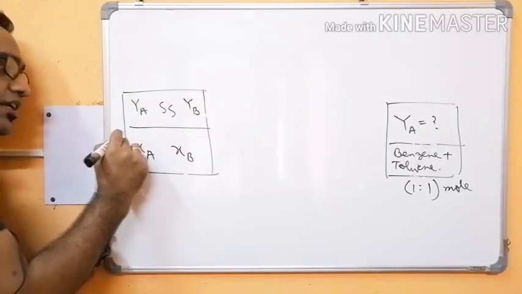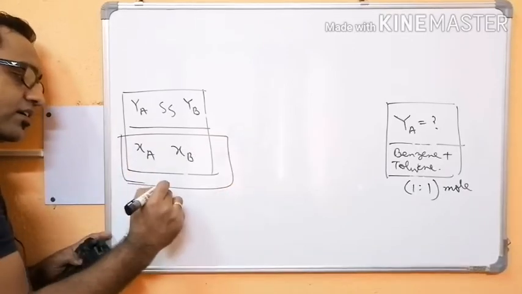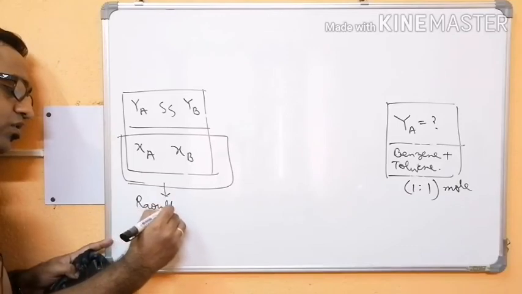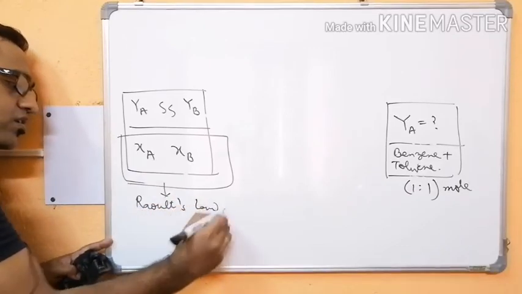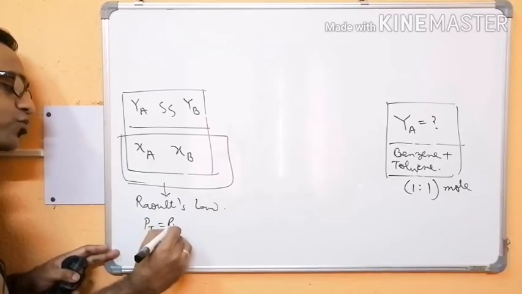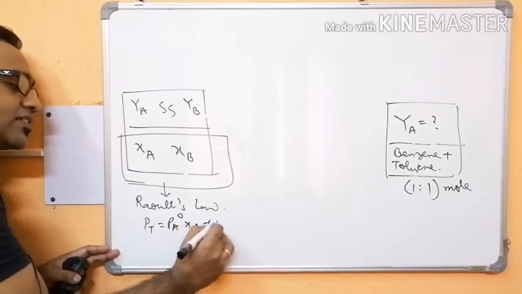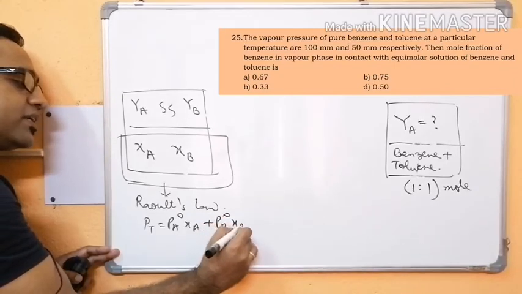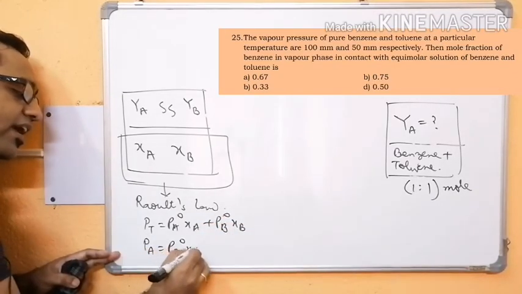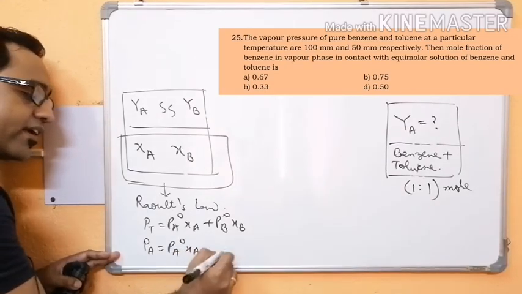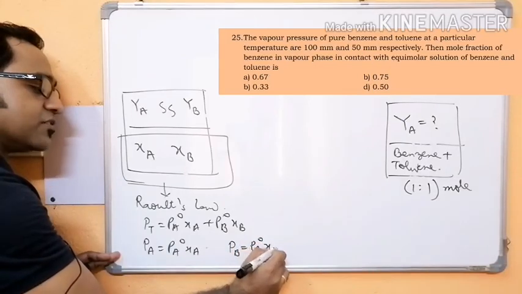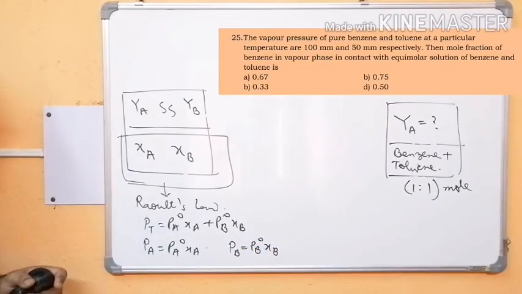Now the solution part is governed by Raoult's law. So here we can write P total is equal to Pa naught Xa plus Pb naught Xb, and Pa is equal to Pa naught Xa and Pb is equal to Pb naught Xb. This we can write easily.